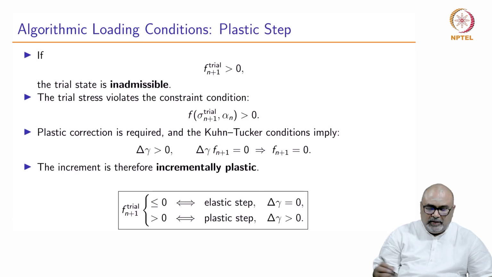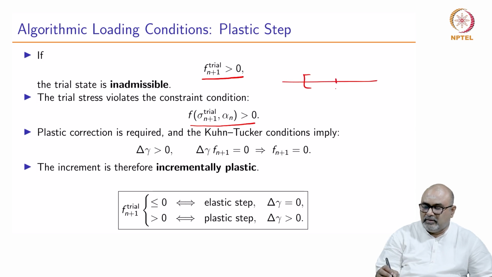Now, if F n plus 1 trial is greater than 0, then the trial state is inadmissible. The trial stress violates the constraint condition that f of sigma n plus 1 trial, alpha n must be less than or equal to 0. That means the admissible stress state is between minus sigma y and plus sigma y. If we are moving from a point inside the domain to outside the domain, at this point it is epsilon n, and at this point it is epsilon n plus 1 trial, and the corresponding stress is sigma n plus 1 trial.